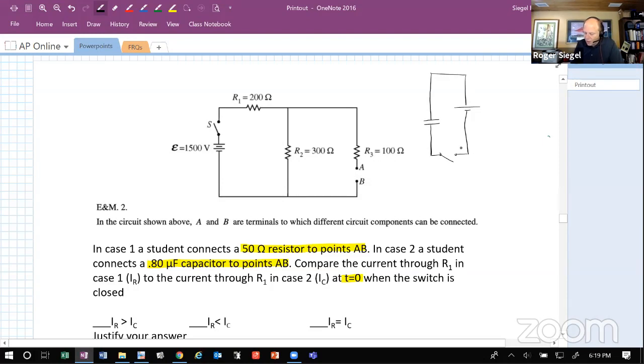Let's talk about why not. When I close the switch, remember, we're going to map our charges out of the positive end of the battery. Charges start to get pushed here, and that pushes positive charges here, which then leaves negative charges here.